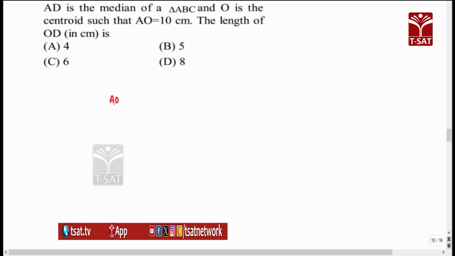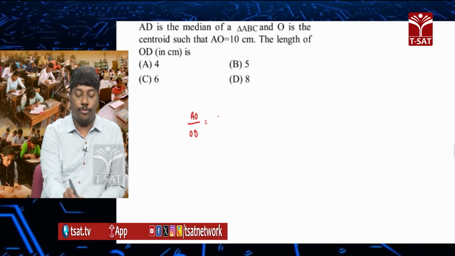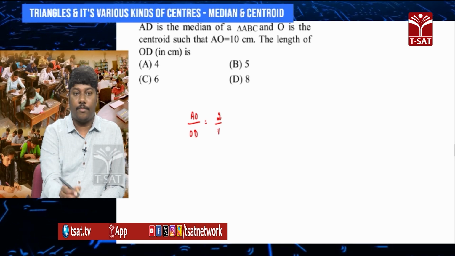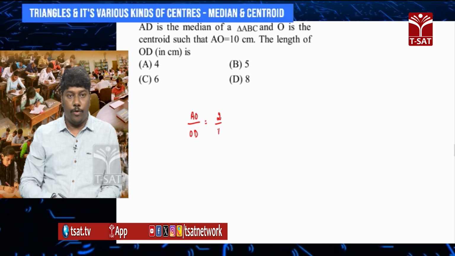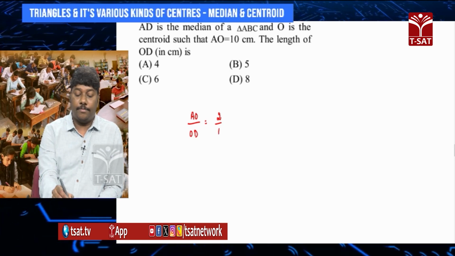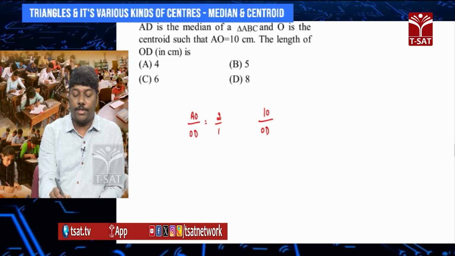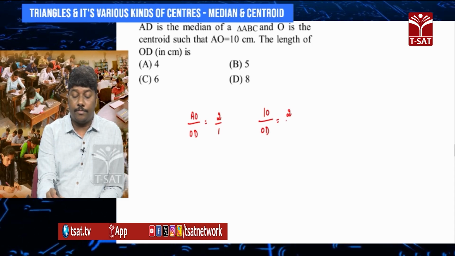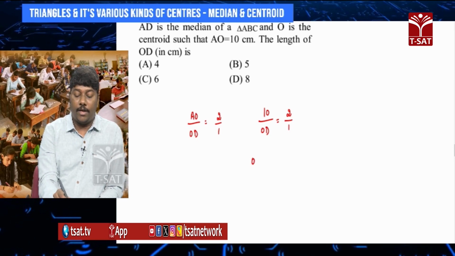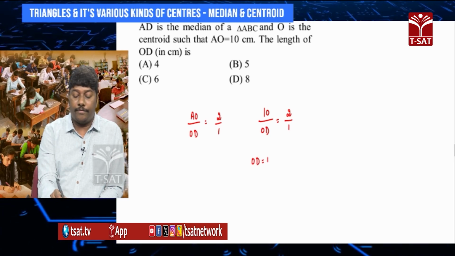Therefore, AO divided by OD is equal to 2/1. The given value is AO. AO is given as 10. 10 divided by OD, which you have to find, is equal to 2/1. 2 1s are 2, 5 2s are 10. OD is equal to 5.